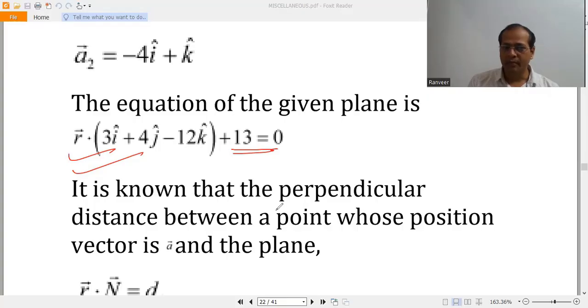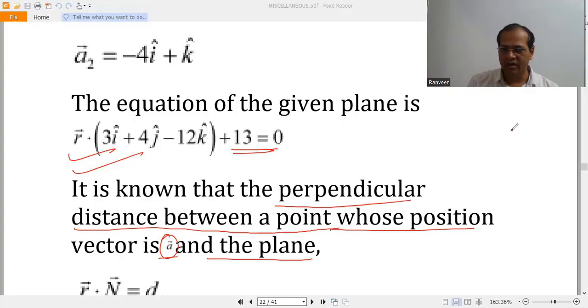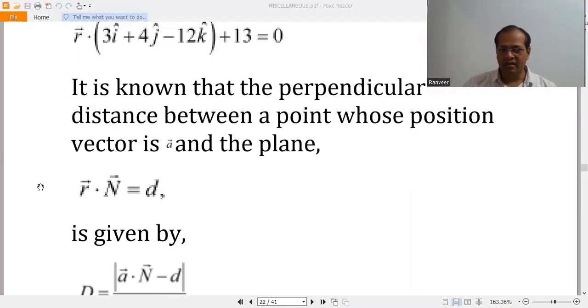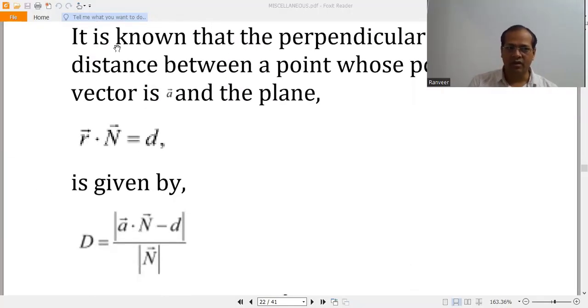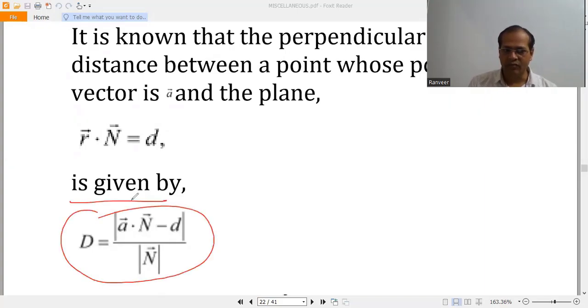Now we know the formula for the perpendicular distance between a point whose position vector is a and a plane r · n = d: it is the modulus of a · n minus d, divided by the magnitude of n, that is, the position vector of the point dotted with the normal to the plane, minus the distance from the origin.